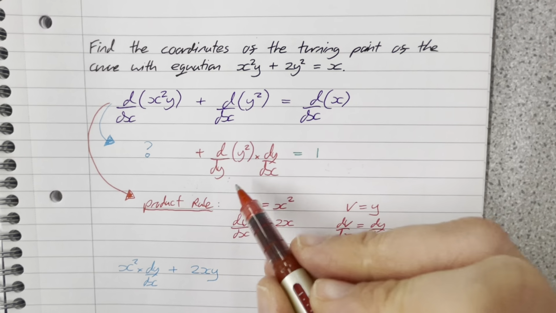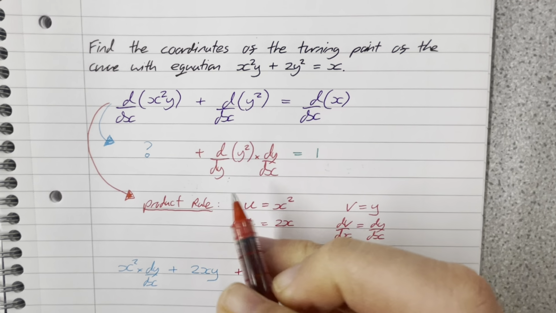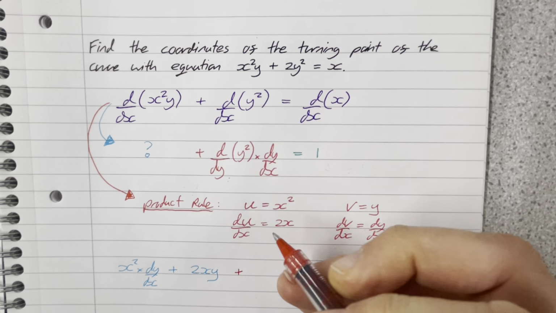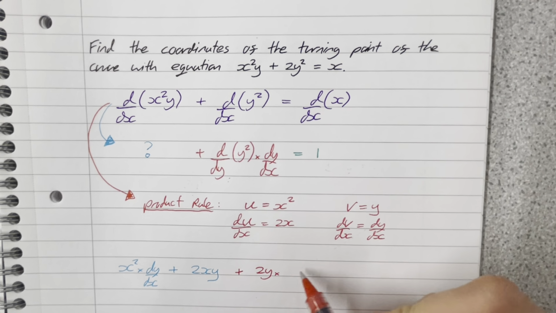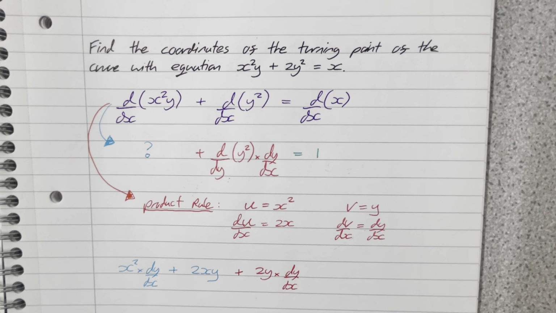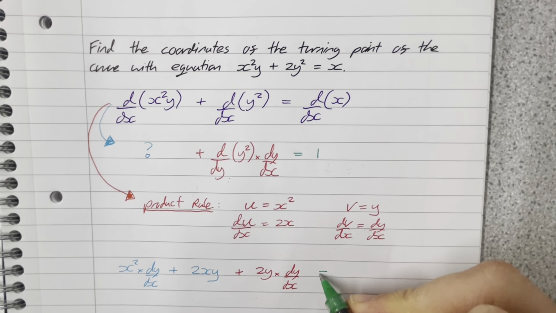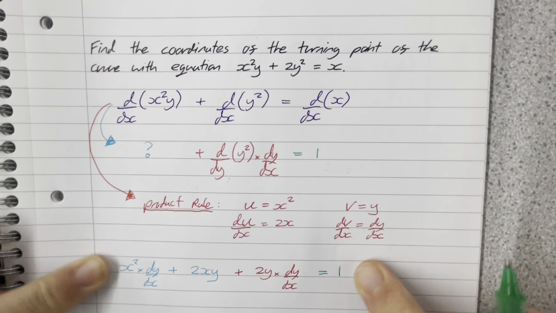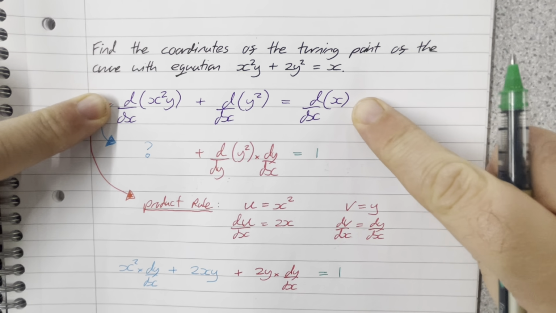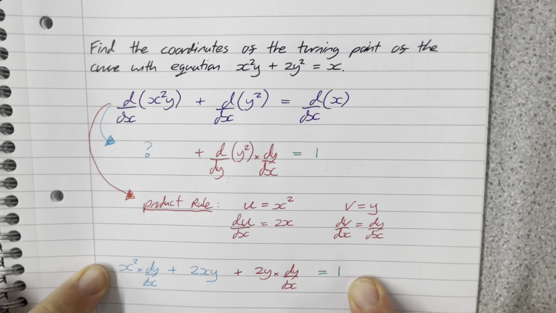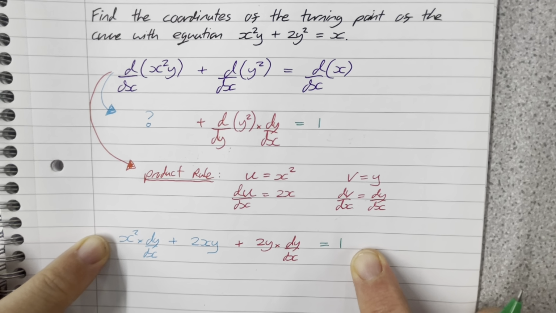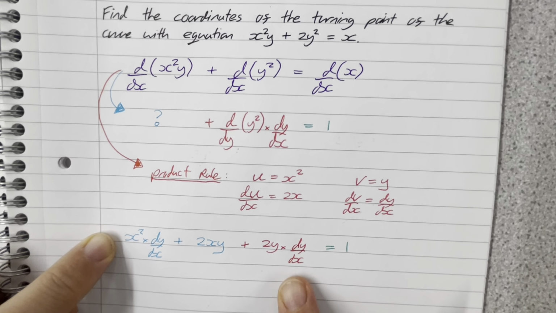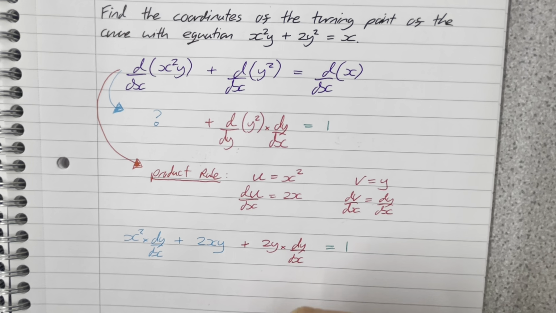Then we have this, which is going to be an implicit differentiation, but we've already split it out, so that's just going to be a 2y times dy by dx. And we already know that this whole thing equals the number 1. So now that we've differentiated all of the terms in our original equation, we can make the differentiation term the subject of this.